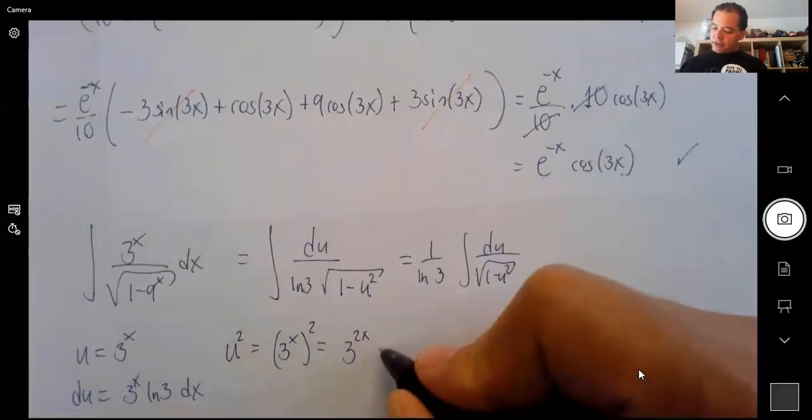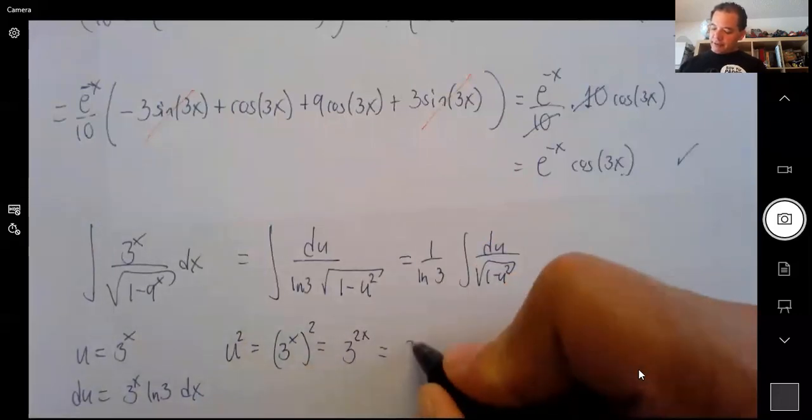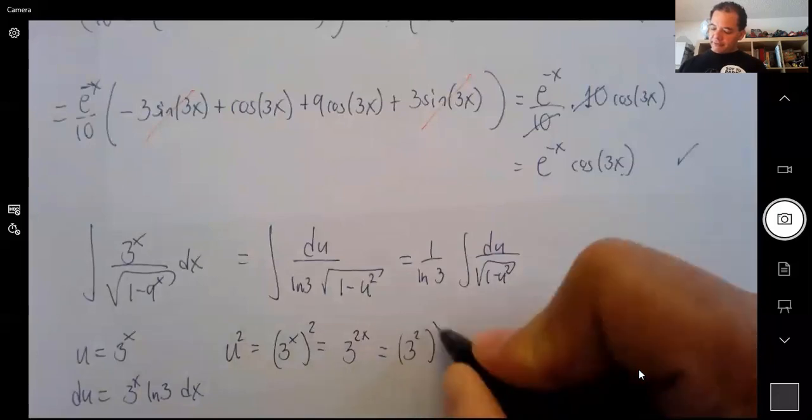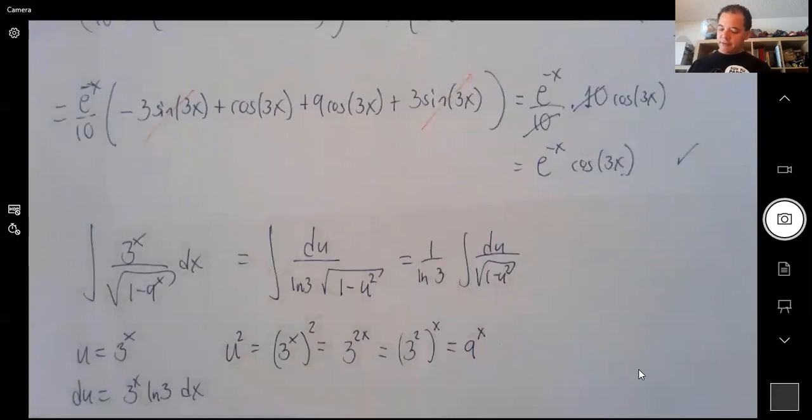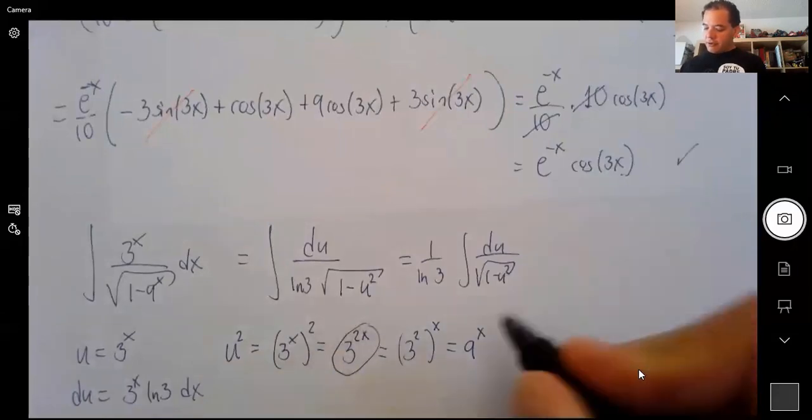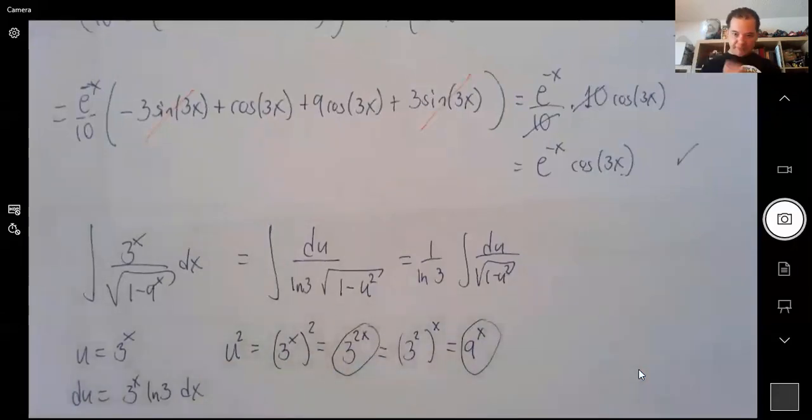Then you can rewrite this as 3 squared to the x, so that's 9 to the x. You only squared it once, so to speak. Right there, you were squaring both the 3 and also multiplying the exponent by 2. So you do one of the two. You either write it as 3 to the 2x, or 9 to the x. Okay. Thank you. You're welcome.